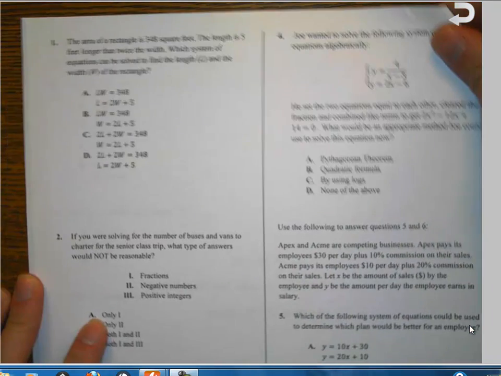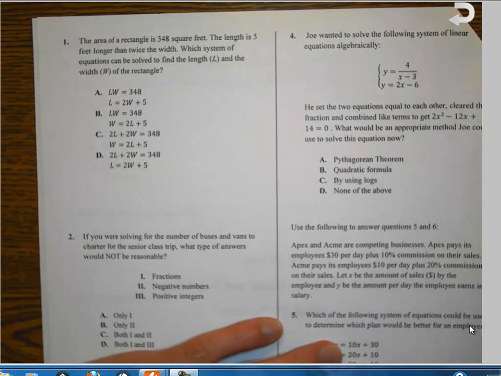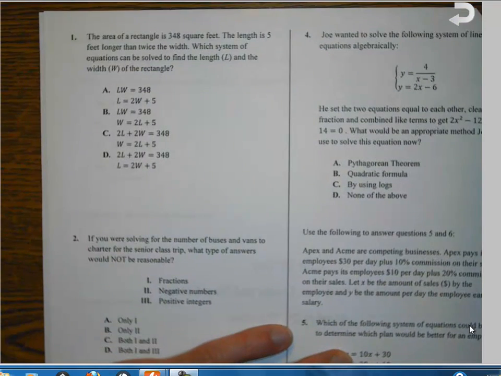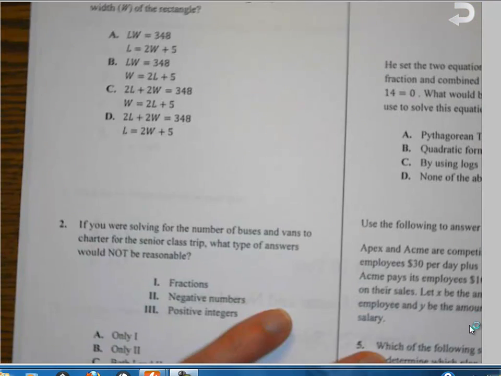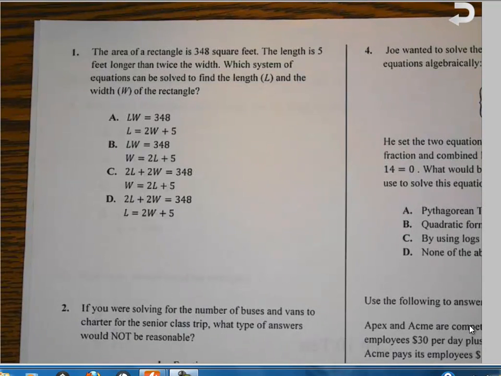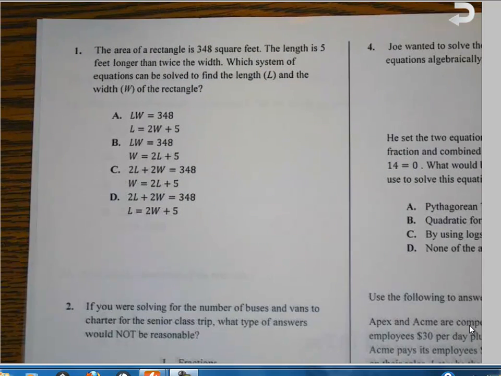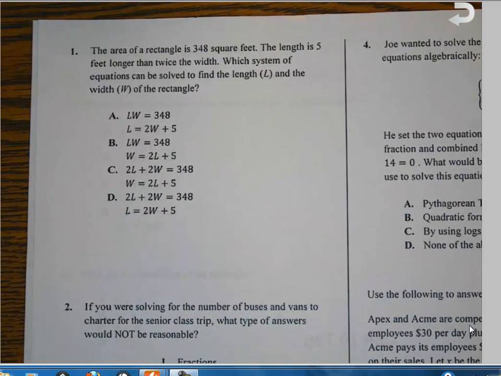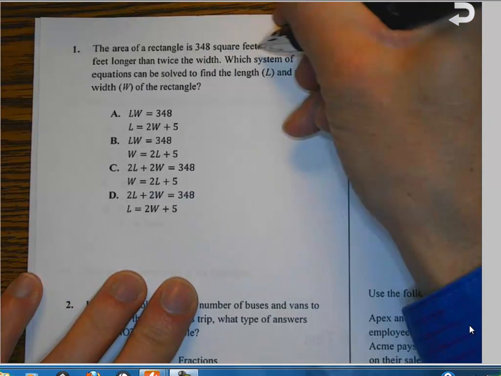The area of a rectangle is 348 square feet. Let me see if I can zoom in on that one. There we go. Let's do some focus. Okay, the area of a rectangle is 348 square feet. That's the first statement.